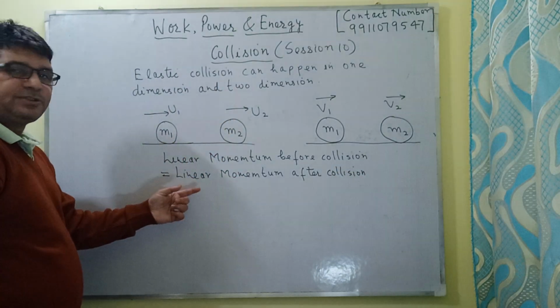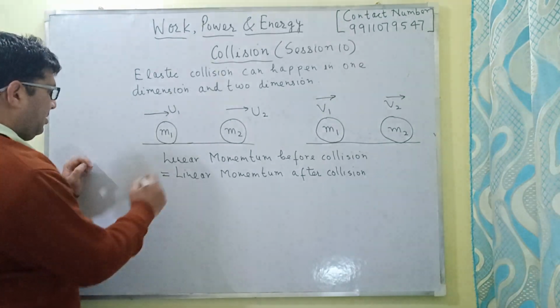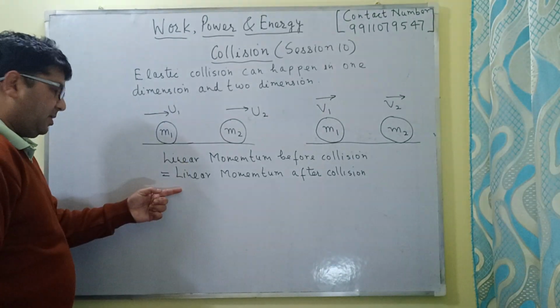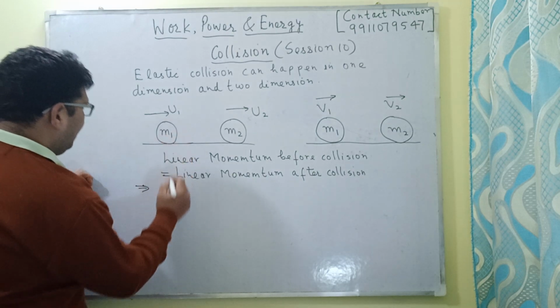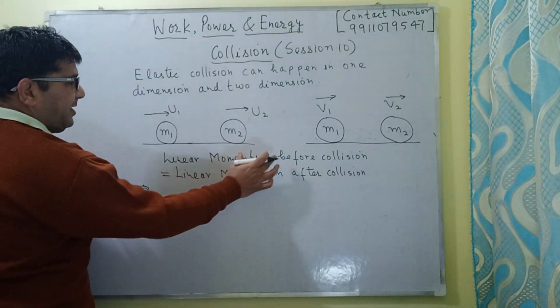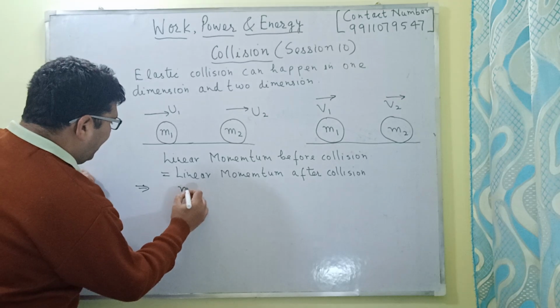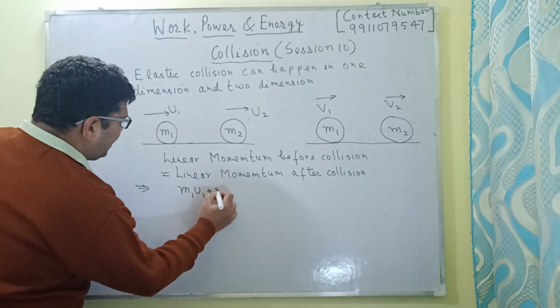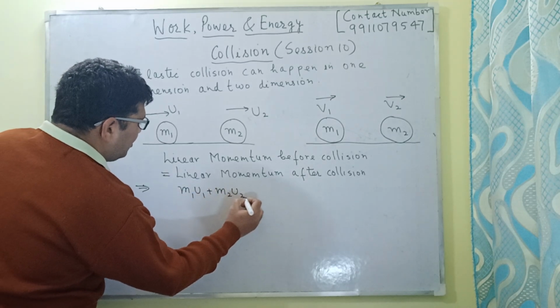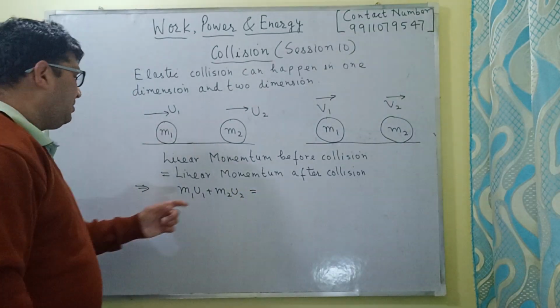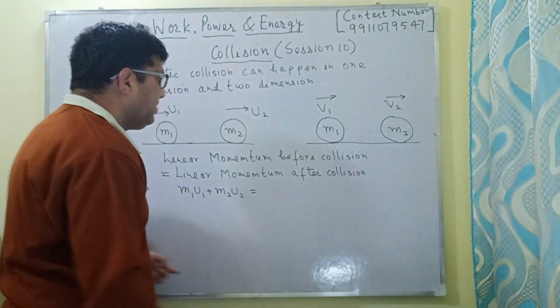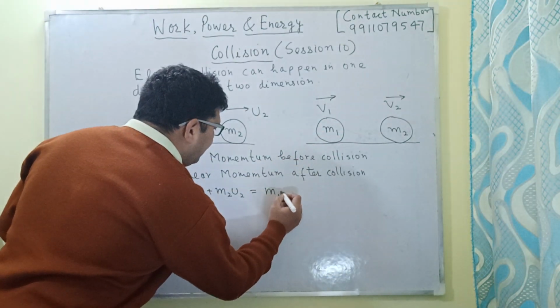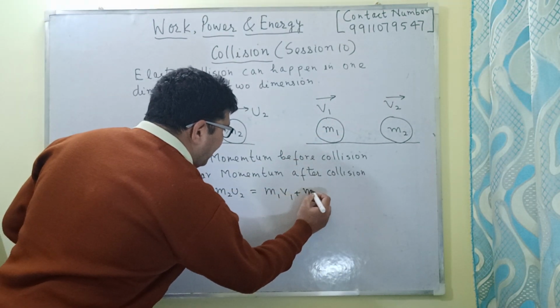Based on this concept, the initial momentum before collision is equal to m1 u1 plus m2 u2, and the total linear momentum after the collision will be equal to m1 v1 plus m2 v2.